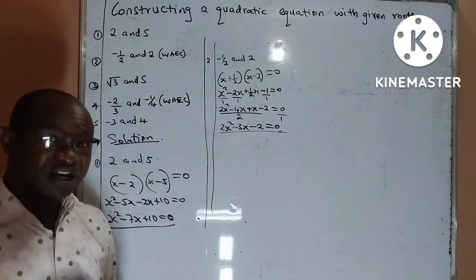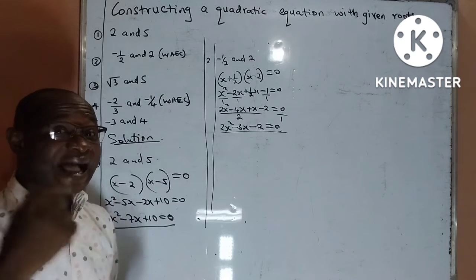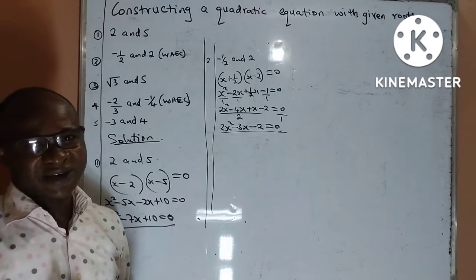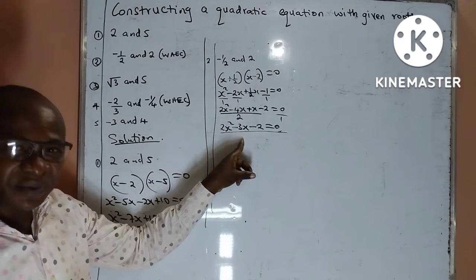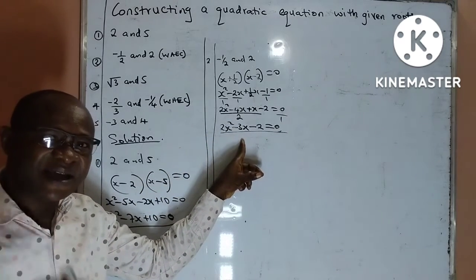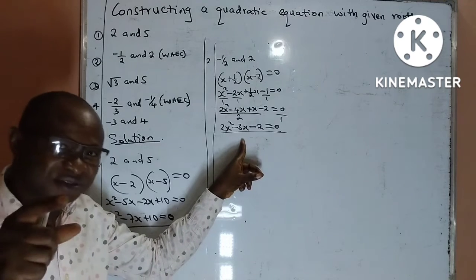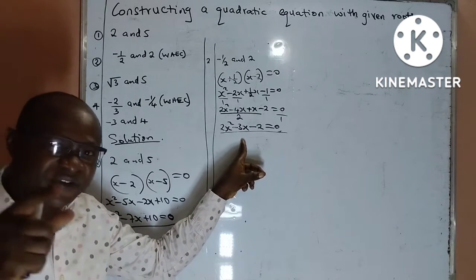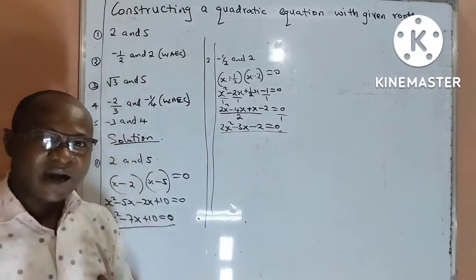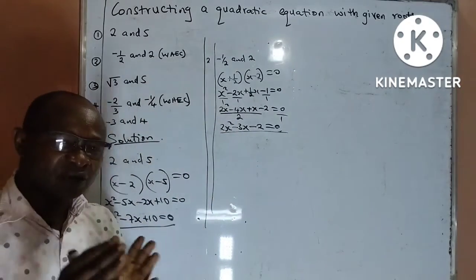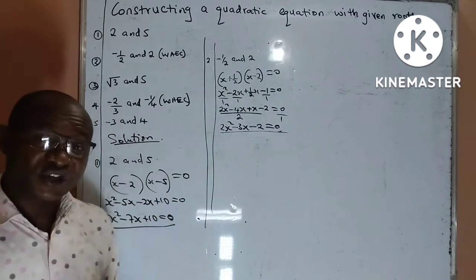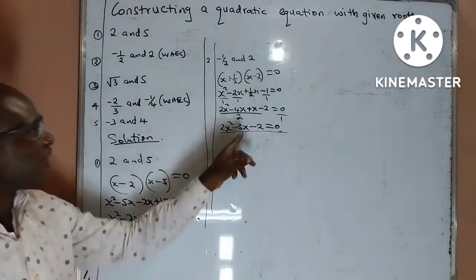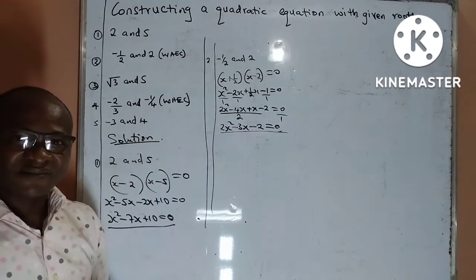In other words, those roots are the answers gotten from the quadratic equation. What it means is that if you solve this quadratic equation using the formula I taught you in the previous videos about how to get the roots of quadratic equation using quadratic formula or using completing the square, you will get these two answers.